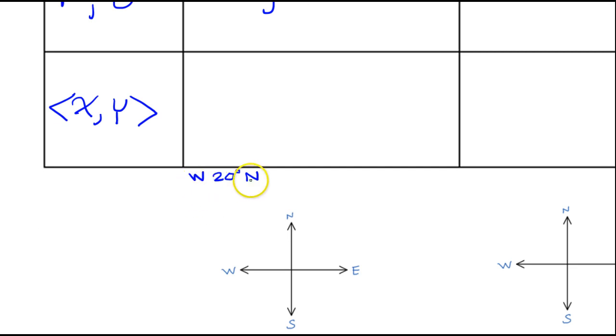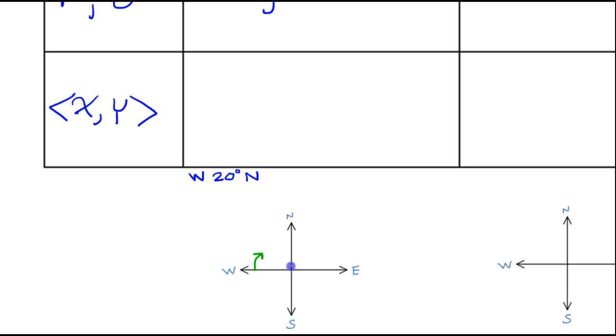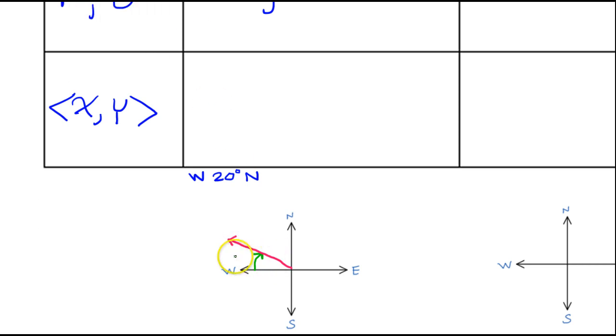West 20 degrees north means start at west and then move 20 degrees towards the north. So I'm going to start at west and then I'm going to turn 20 degrees towards the north, and that is where the vector is. So that means that this angle right here is 20 degrees.